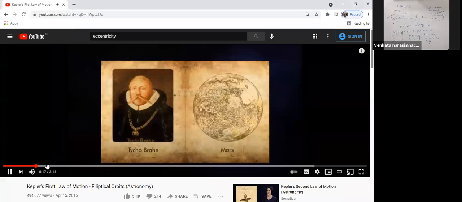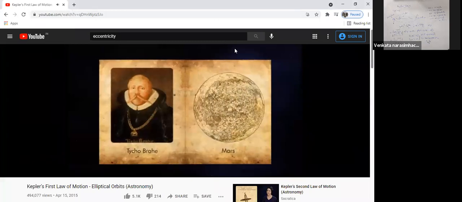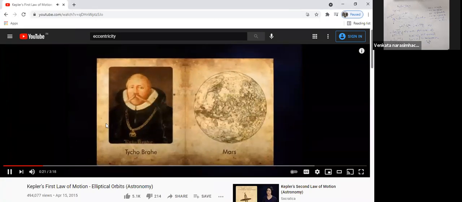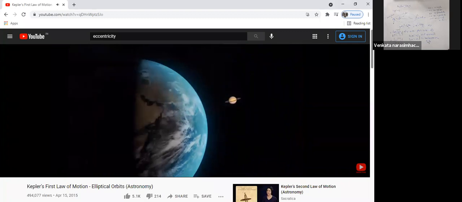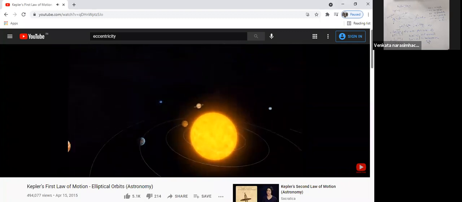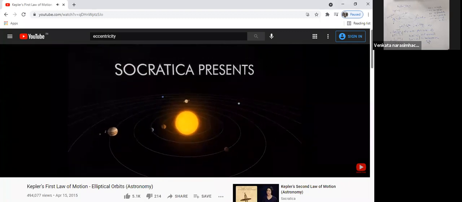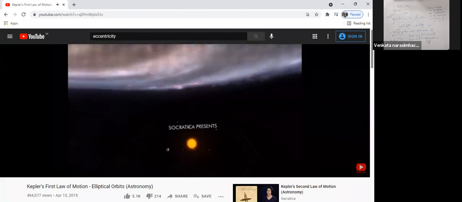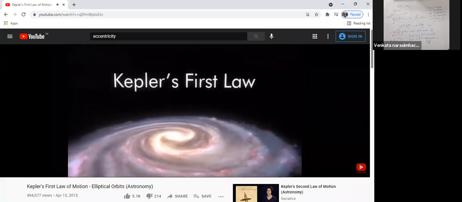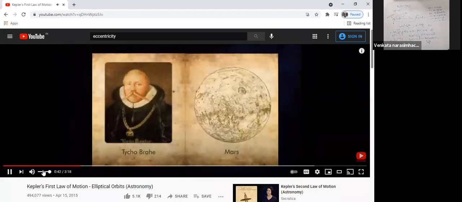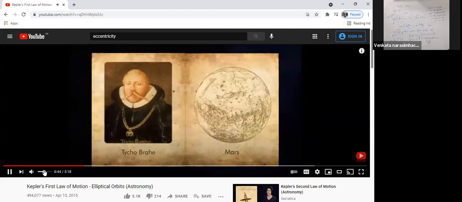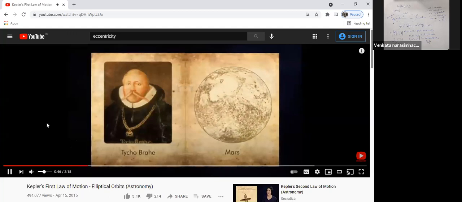Kepler had this amount of high quality data, and he needed to find the best explanation for the motions of Mars, a very tricky problem. There were three models of the solar system out there at the time, but none of them worked very well for Mars.